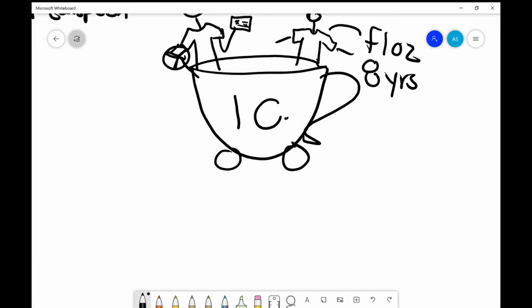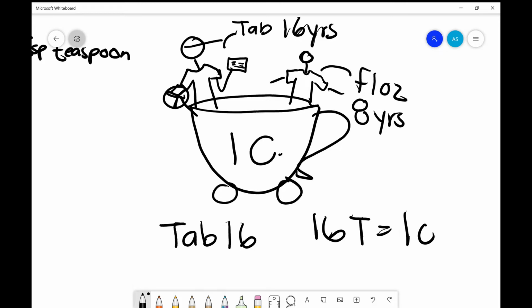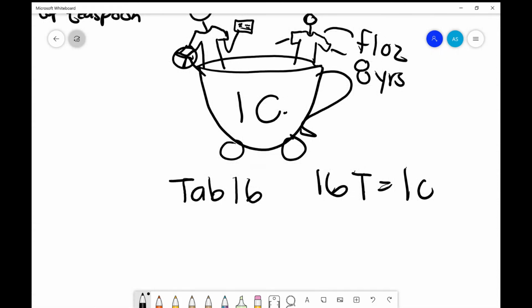So what do we really want to remember from here? Tab, which stands for tablespoon, is 16. So 16 tablespoons equals 1 cup. Or we also have Floz, who's half of Tab's age, so he's 8.